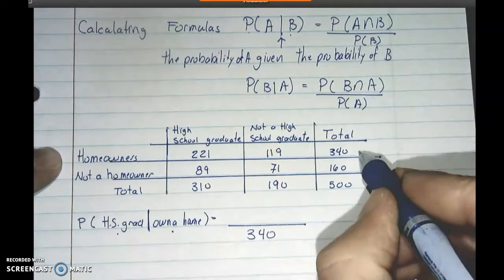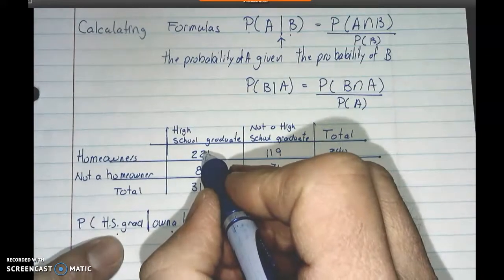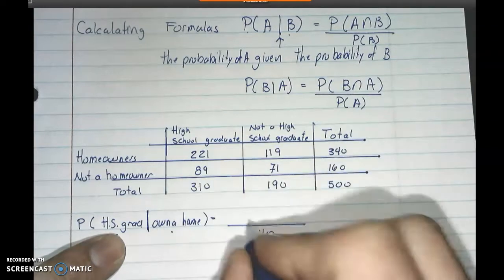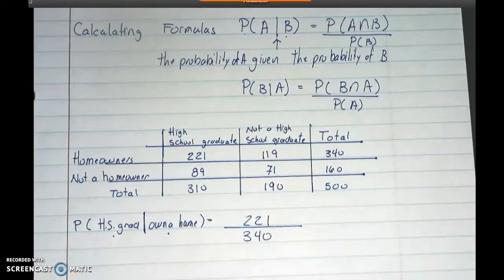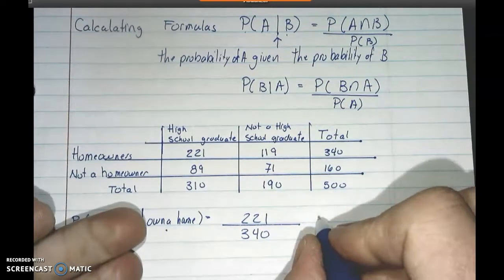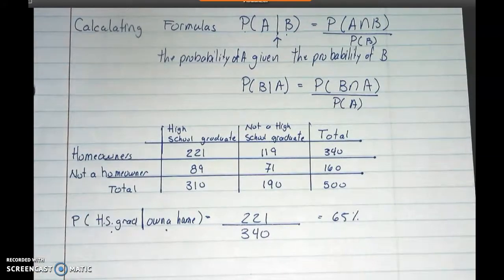Then I come back in that same place and I look till I hit the high school graduate, or whatever my numerator is. So I'm going to put 221 and then grab my calculating device. And 221 divided by 340 is 65%. Okay.